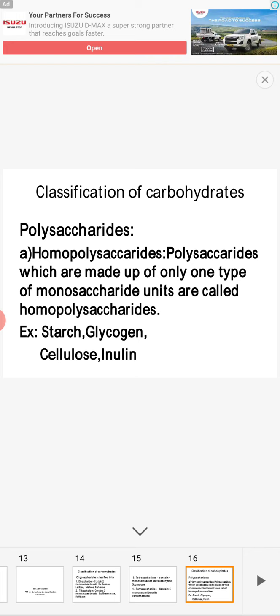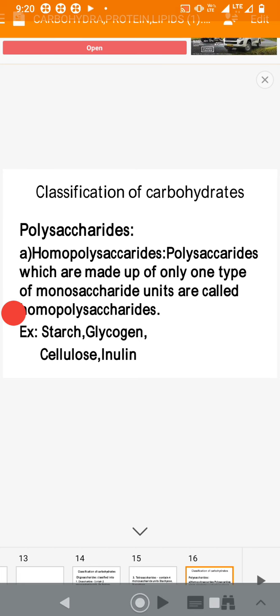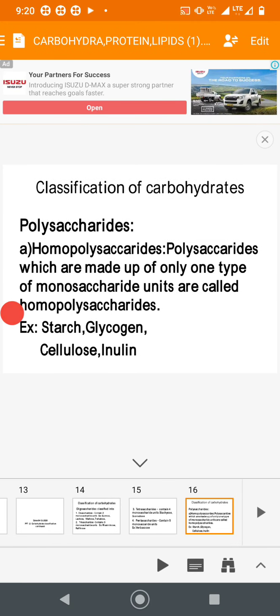Example starch, which is the plant storage, and glycogen is the animal storage. As I told in earlier slides during the function of carbohydrate, excess glucose is stored in the liver as glycogen. So glycogen is animal storage, starch is the plant storage.